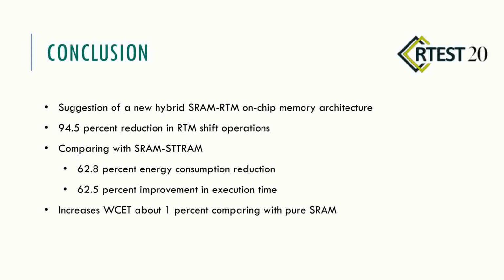Using our heuristic data allocation algorithm, we reduced the total number of shifts compared to pure RTM architecture by 94.5%, and compared with SRAM STT-RAM on-chip memory, we reduced energy consumption by about 62.8% and the execution time by about 62.5%.